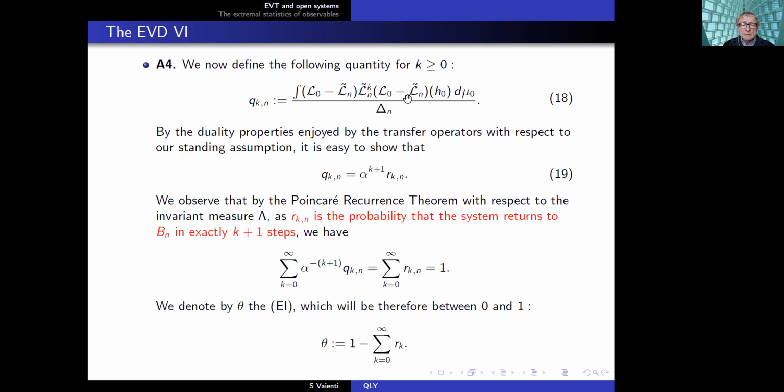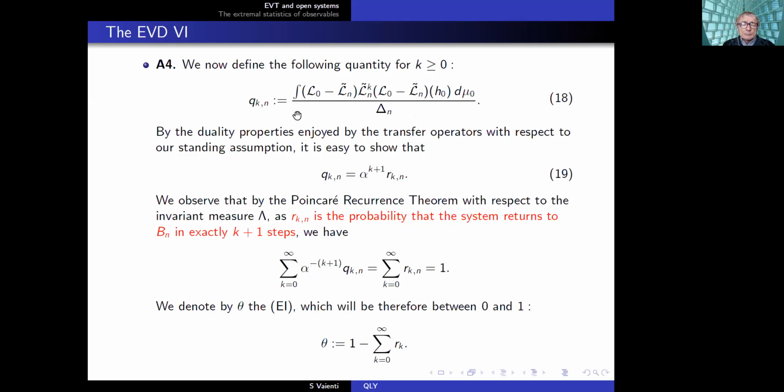And this object is important because it will give us what people call the extrema index when we establish the asymptotic distribution of our observable, and it will give us the Gumbel law. In fact, it's written here, the extrema index, which will modulate the exponential convergence in the Gumbel law, is given in terms of this quantity here.